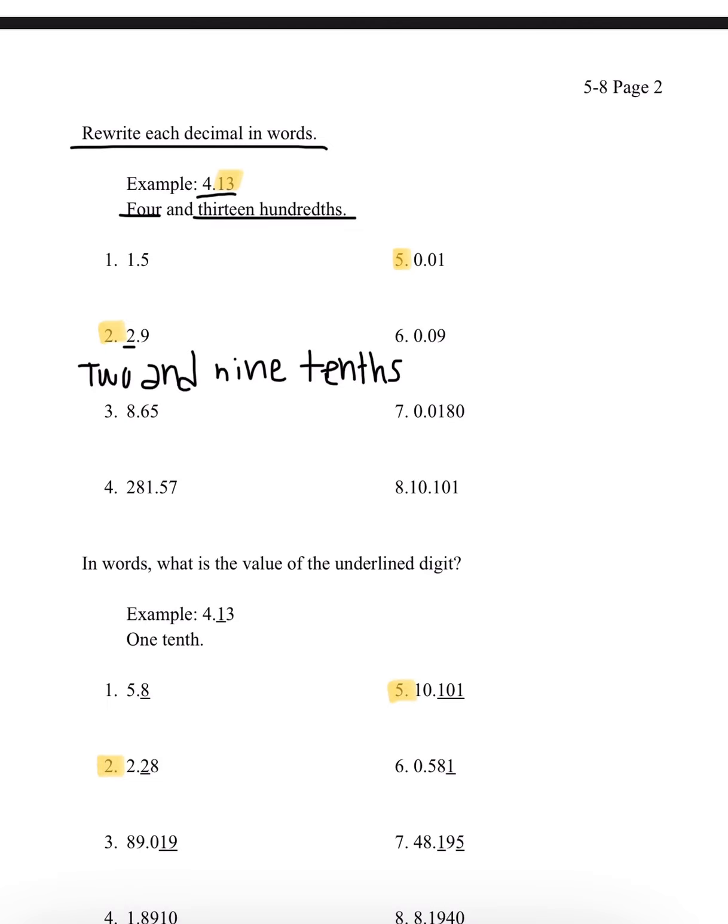So we see that the 1 is in the hundredths place. So all we write is just 1 hundredth. And that's our answer for 5.